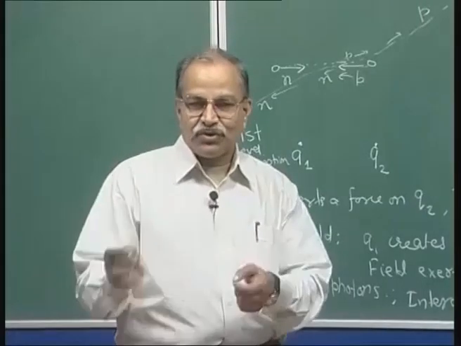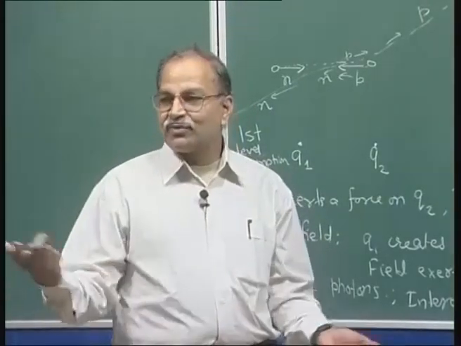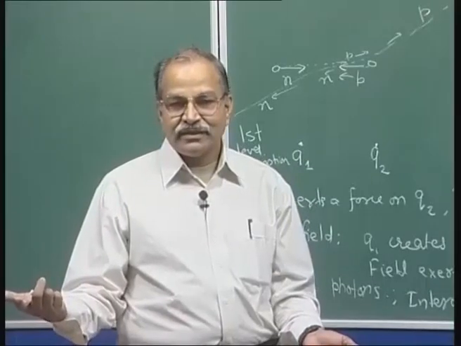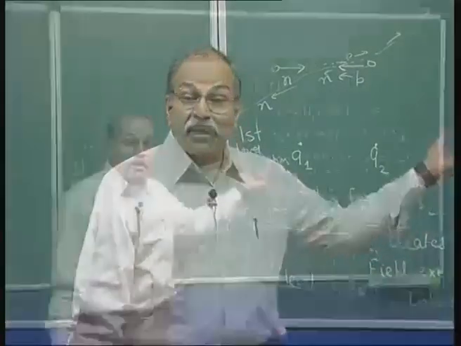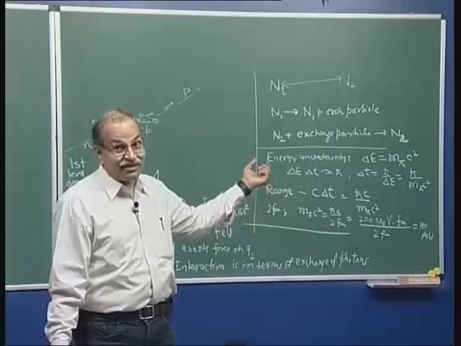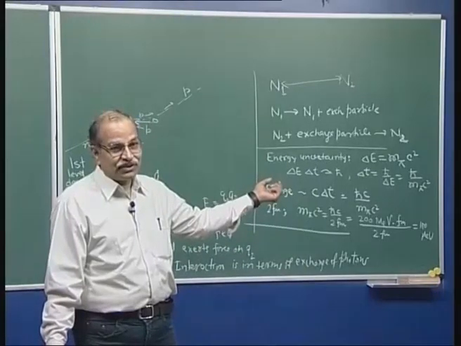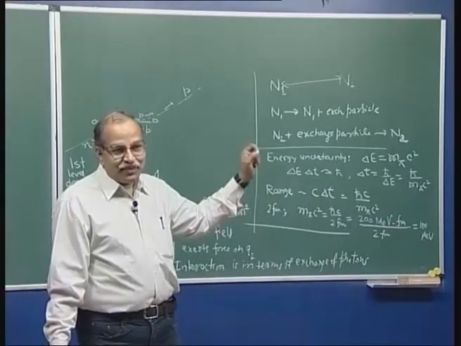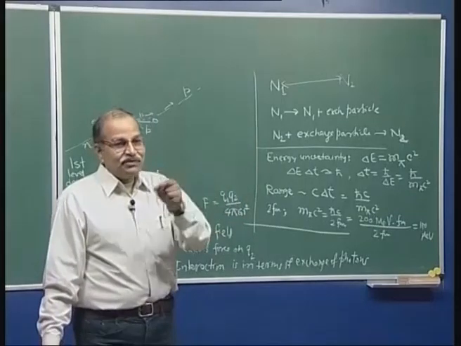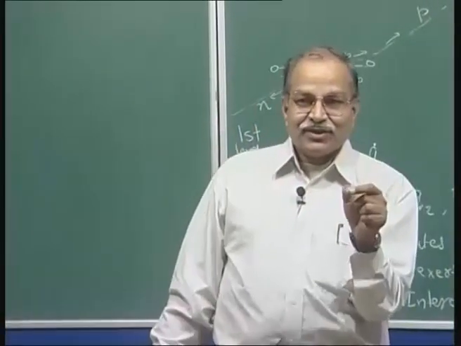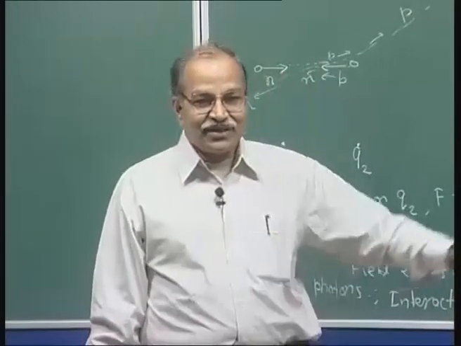So, proton or neutron, the rest mass energy is around 938, 939 MeV. So, this exchange particle is a massive particle. It is not small compared to the nucleon which is emitting it or absorbing it, around 100 MeV.